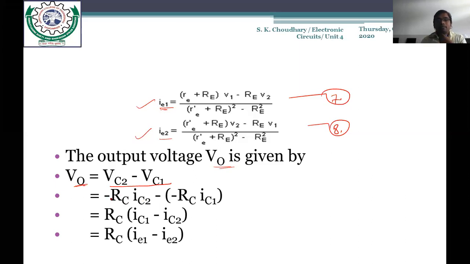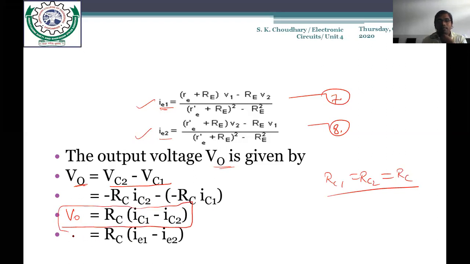That's why it is minus IC2 RC minus IC1 RC. Here we have taken RC1 equal to RC2 equal to RC. So it would become RC into (IC1 minus IC2). This is a very important relationship of the output voltage.